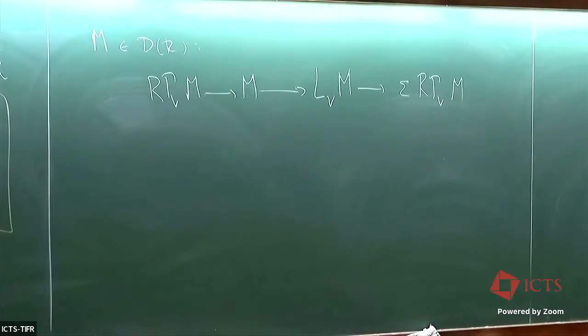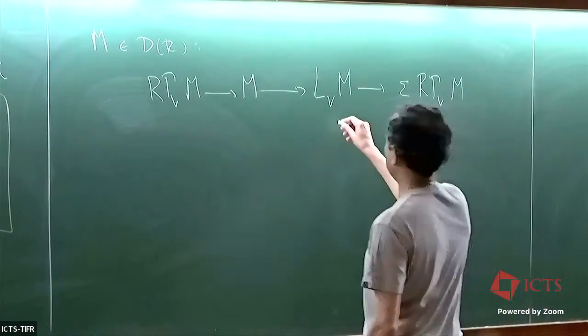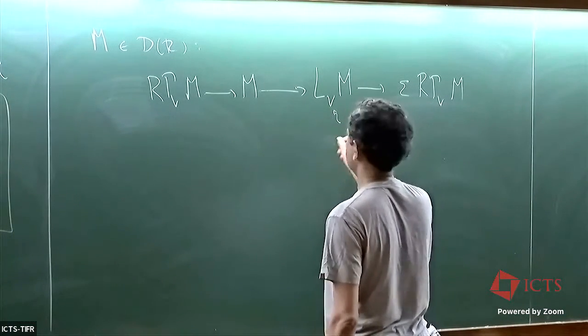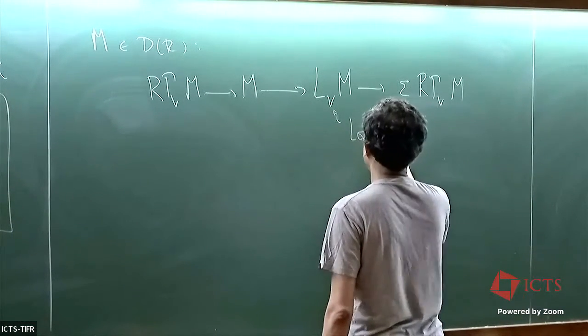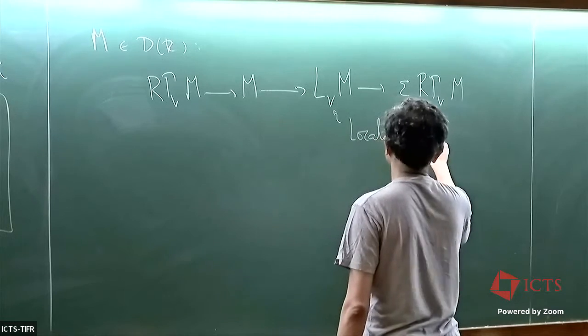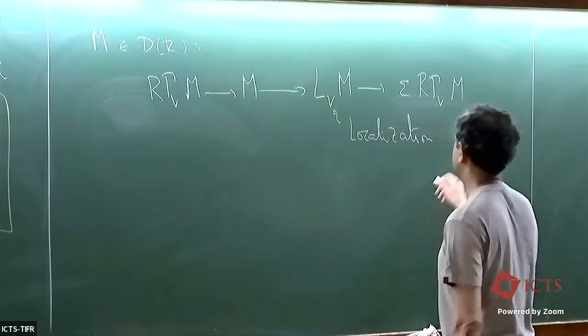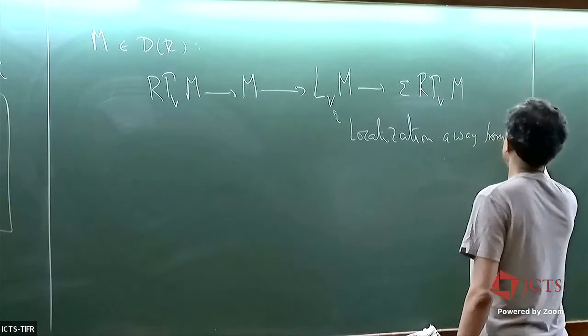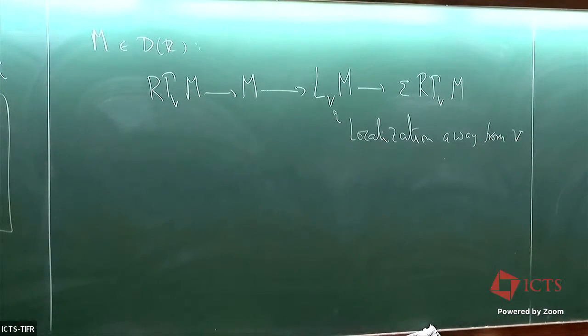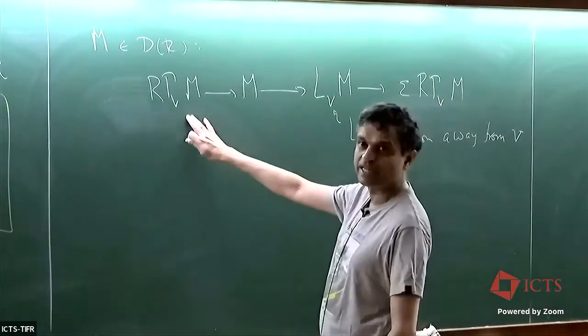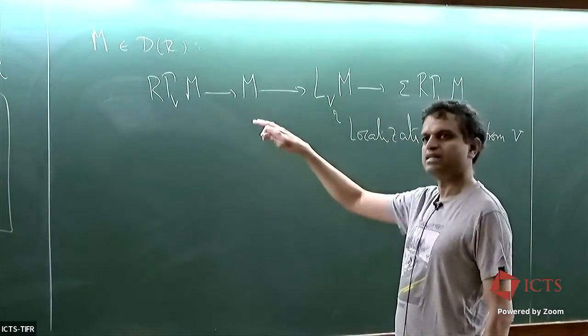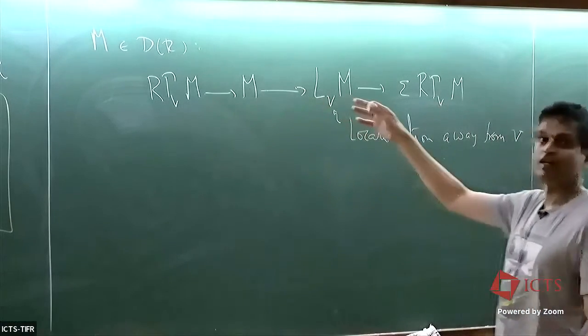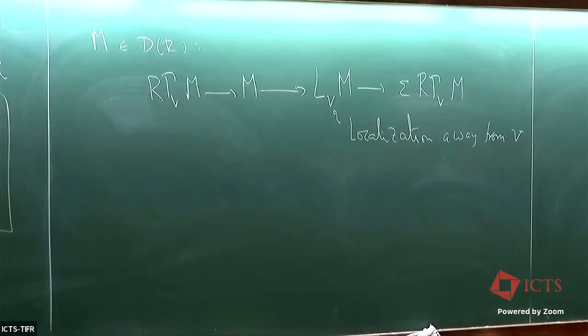This one here I think of as localization away from V. The topologist might prefer to think of this as nullification with respect to the V torsion objects. You can also realize this as an example of homology localization that Constanza was talking about in her lectures.